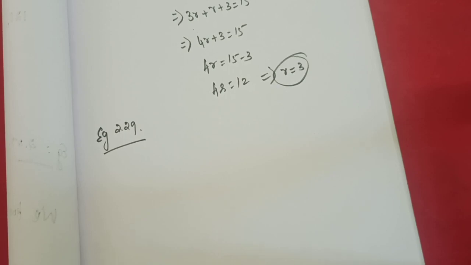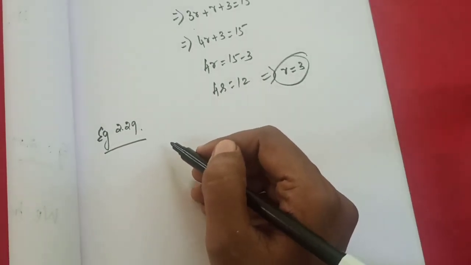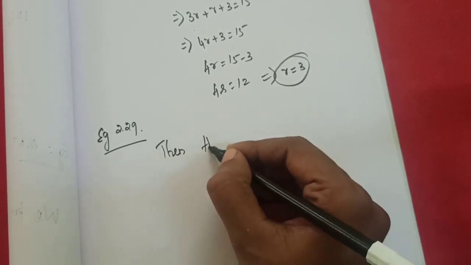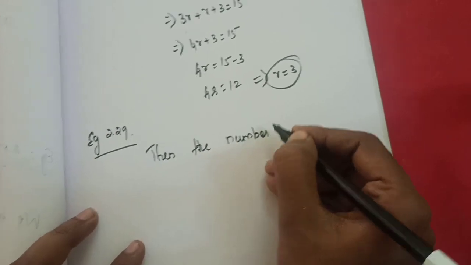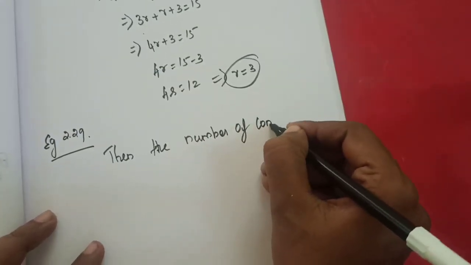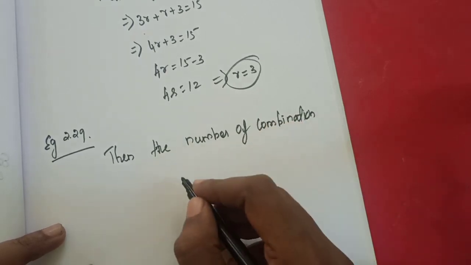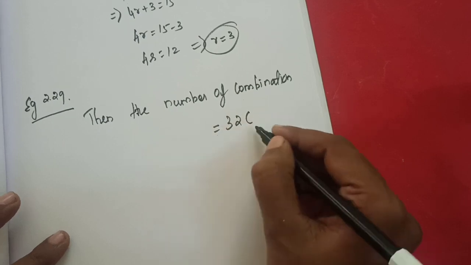From a class of 32 students, 4 students are to be chosen. Out of this one we are choosing. The number of combinations. So totally 32, out of which we are choosing 4.